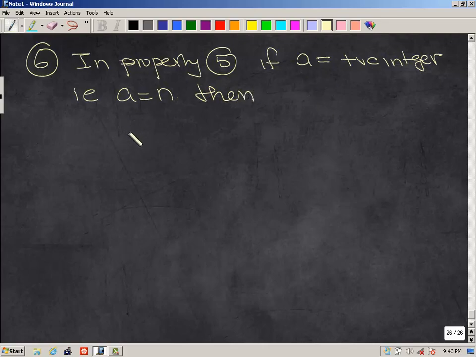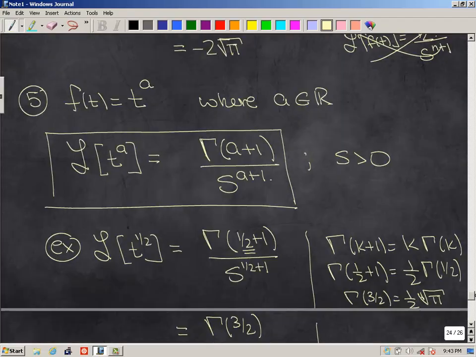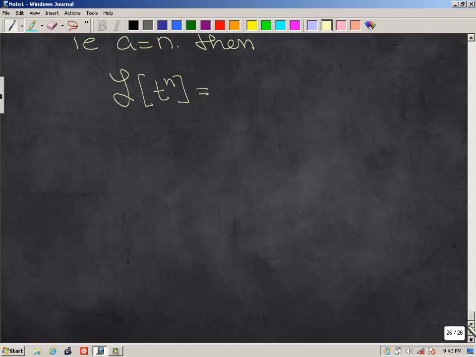What happens to that property? So Laplace of t to the n is equal to, in property 5 here, remember, now a is n, this will be n, this will be n. So we get gamma of n plus 1 over s to the n plus 1.